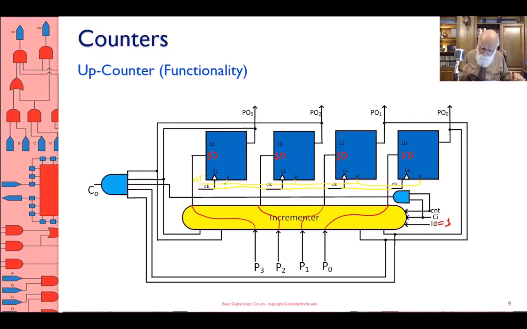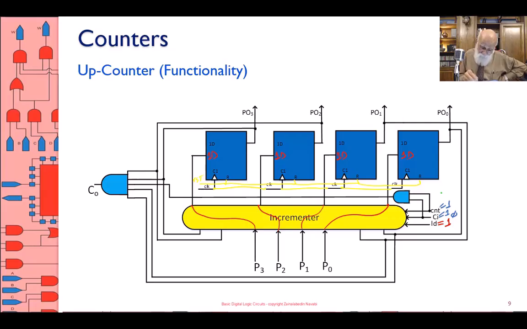If load is 0, let's look at the next scenario. If load is 0, what color to use to make it very distinguishable from the other one? If load is 0, count is 1, carry in is 1, they go into the incrementer. The incrementer actually increments.